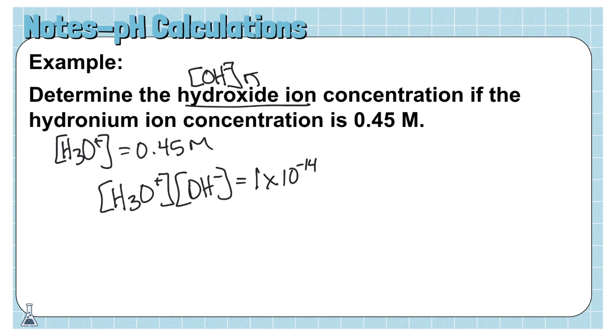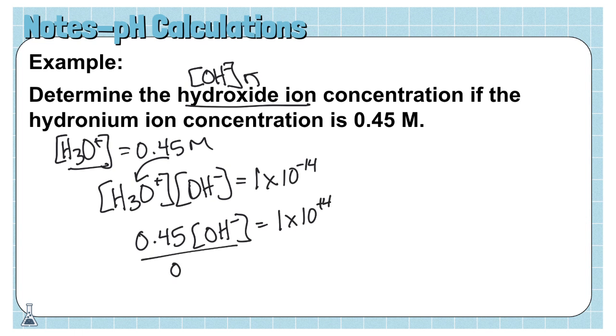So here I know the hydronium ion concentration, so I'm going to plug that in for the H3O+. So then I get 0.45 times my hydroxide ion concentration, which I don't know, equals 1 times 10 to the negative 14th.